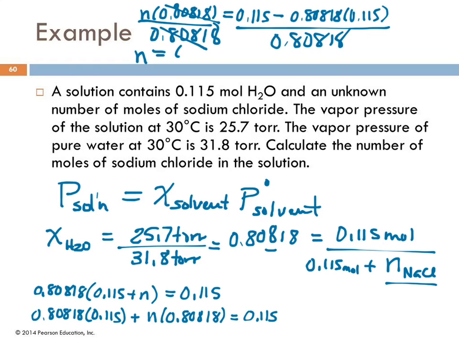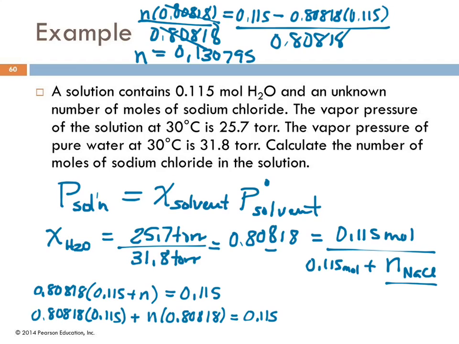n equals 0.130795. Our sig figs could possibly be limited by this whole subtracting business here. Yeah, that would have uncertainty less than the third place.